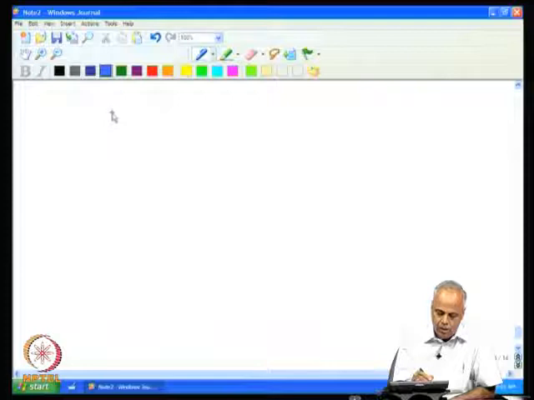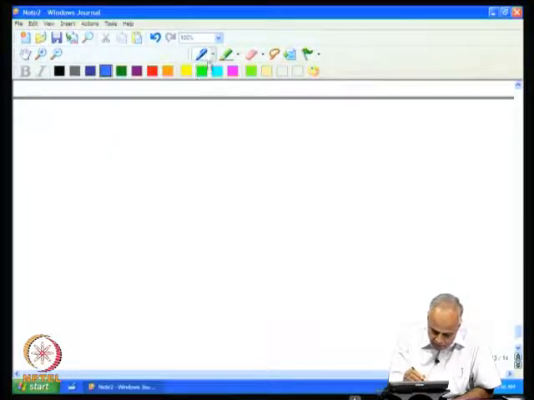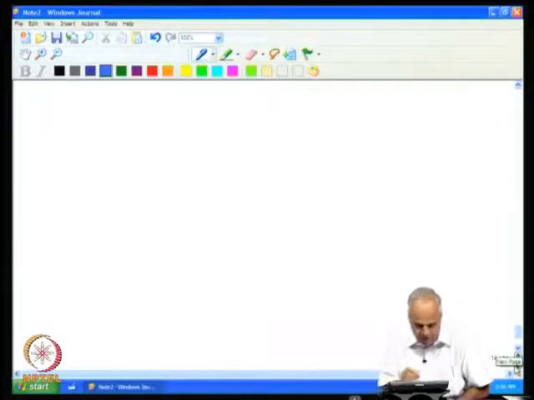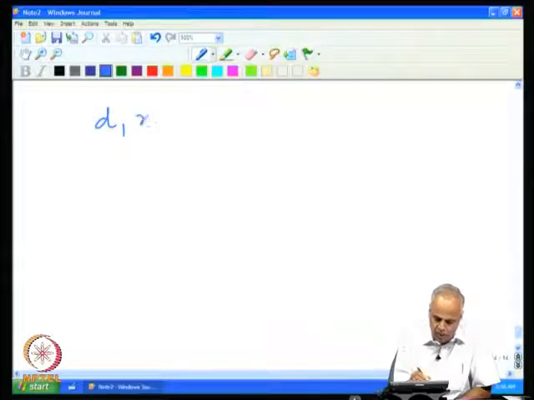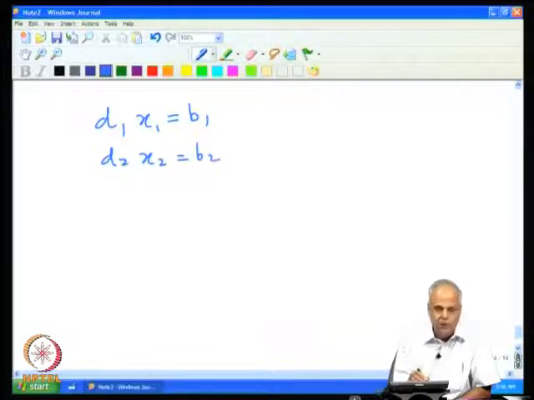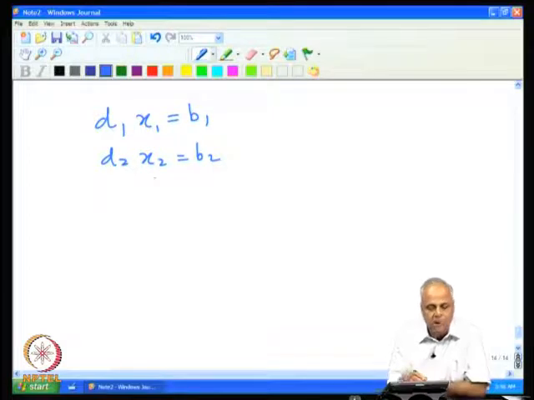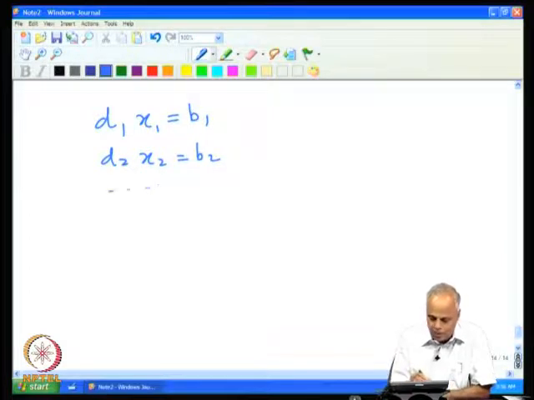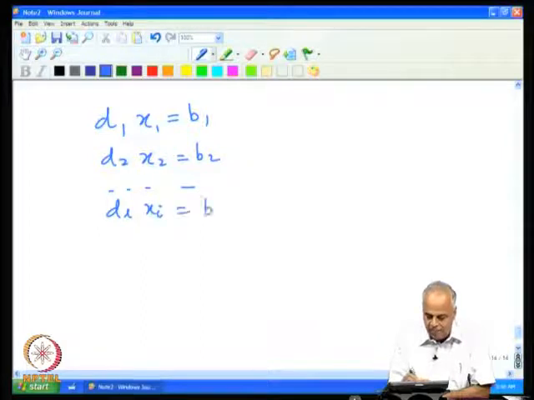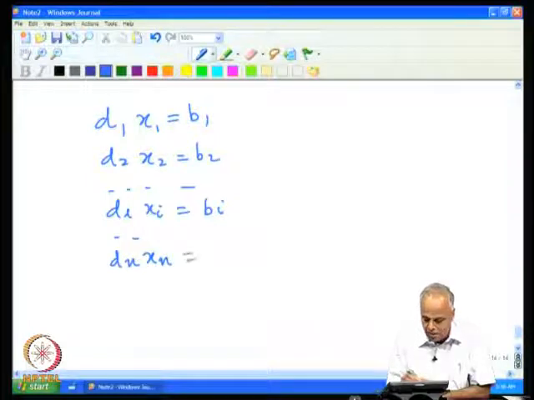So we will have the first equation will be d1 x1 equal to b1, d2 x2 equal to b2. Note, the first equation involves only x1, the second equation involves only x2, the ith equation involves only xi, and so on, and the nth equation involves xn.